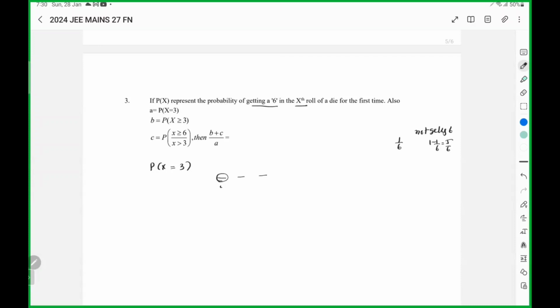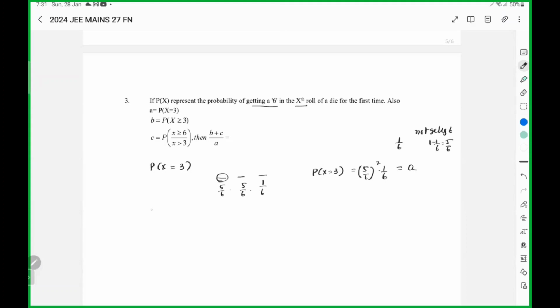In first attempt, he didn't get 6. Second attempt also he didn't get. In third attempt, he got 6. So probability of getting 6 in the third attempt is 5 by 6 whole square into 1 by 6, which is A for us.